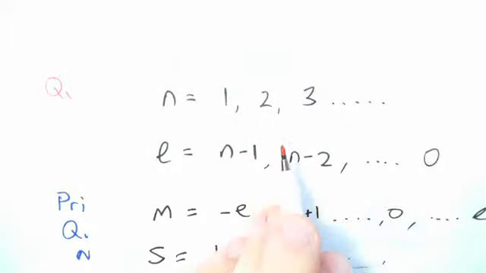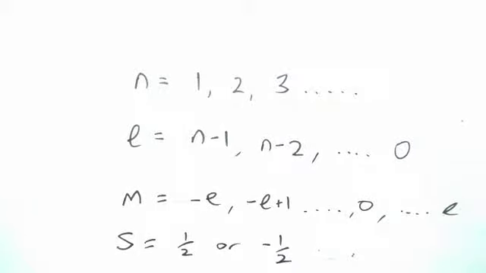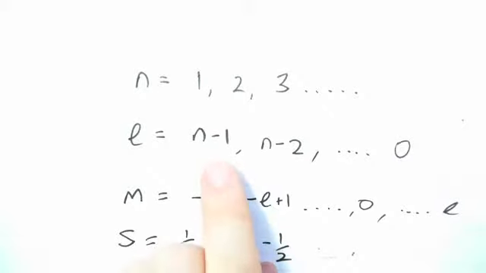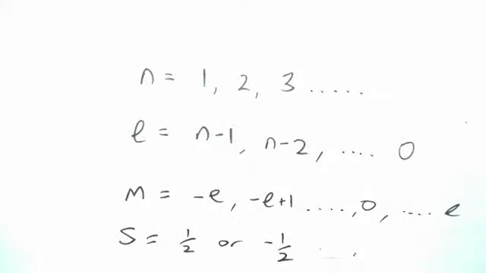n equals 1, 2, 3 are sort of your energy levels. So that's what we were talking about before. You've got 1s, 2s, 3s, so that's your 1, 2, 3. L is like what types of orbitals you can have. So you can have s, p, d, you can have f. For 1s, you can only have 1 minus 1 is 0, so you can only have 0, which is the s orbital.